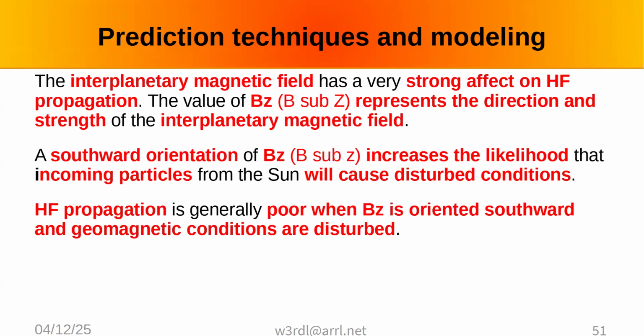Okay, the B sub Z is another measure of the interplanetary magnetic field. That's the one that bothers me. I thought it was just the Earth's magnetic field. I didn't know that the other planets had much effect on ours. They're pretty far away.